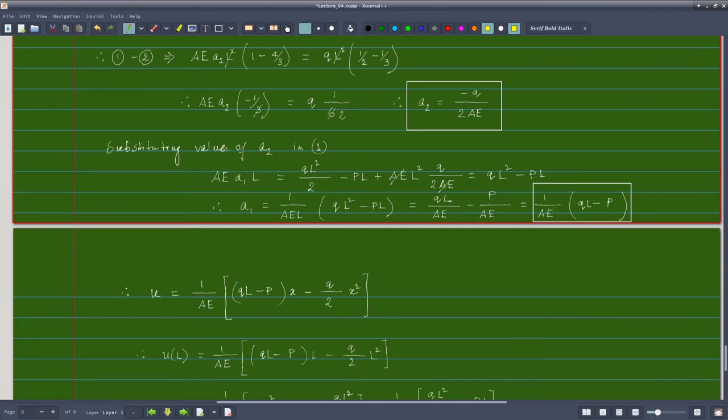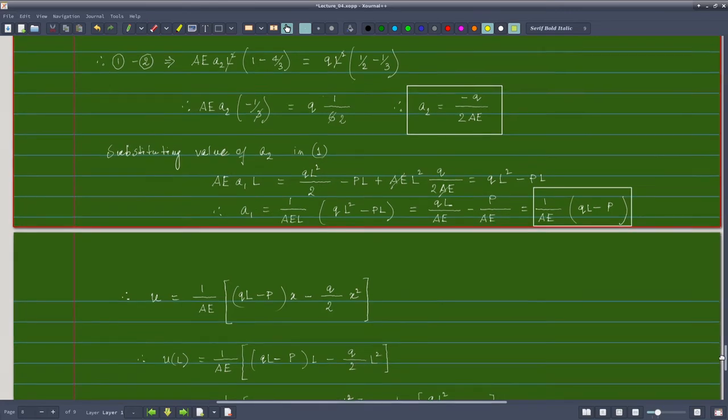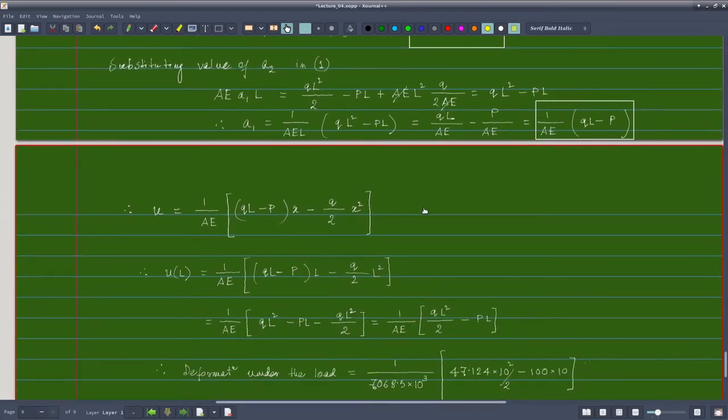And therefore the deformation under the load I'll get by putting X equal to L. So UL equals 1 upon AE QL minus P into L minus QL square by 2, and upon further simplification we get this value 1 upon AE QL square by 2 minus PL.